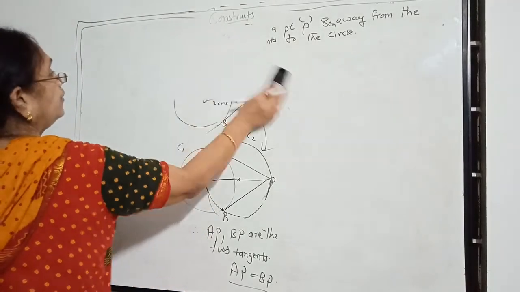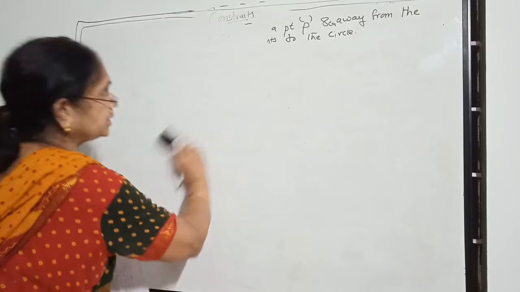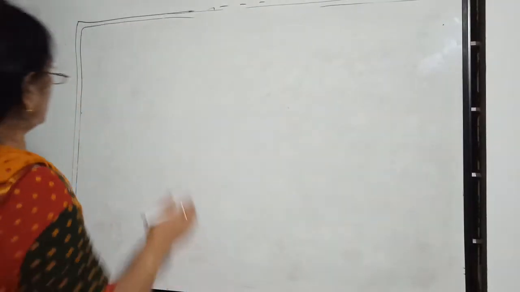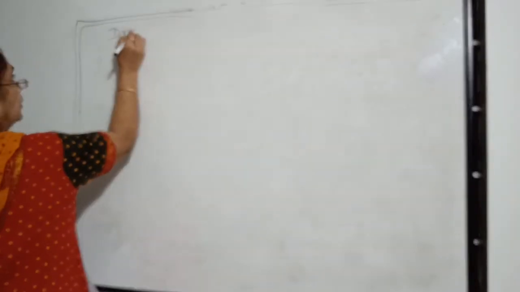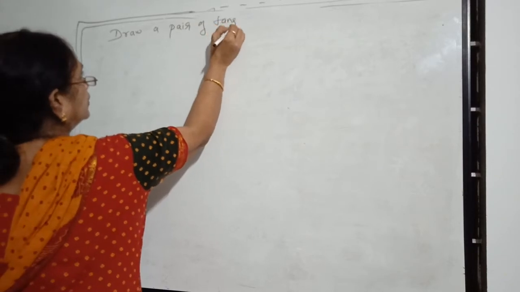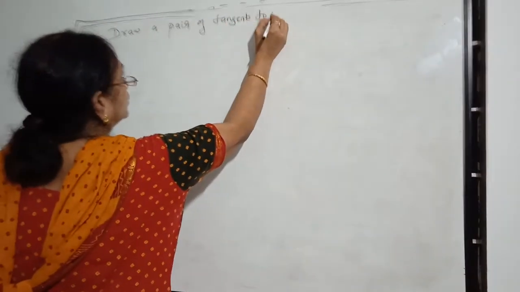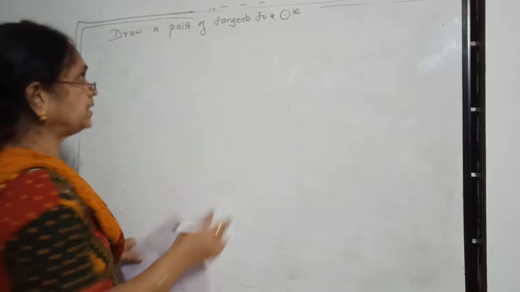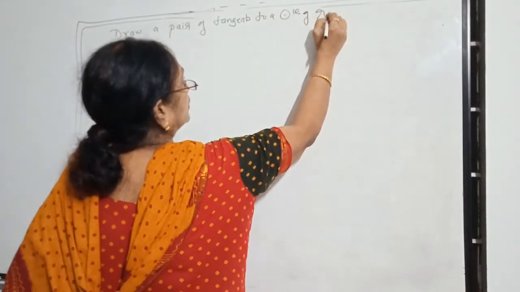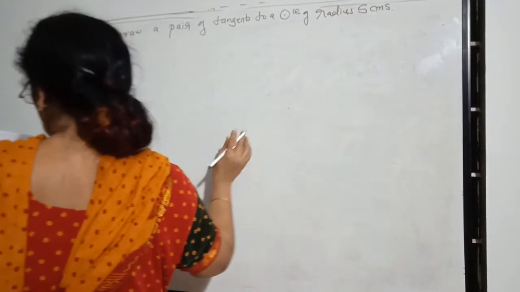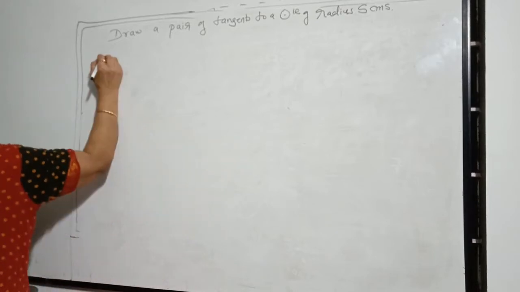Next most likely question, every year, many times it is asked. You need a little bit of the properties that you have learned in 8th and 9th. Draw a pair of tangents to a circle of radius 5 centimeters, which are inclined to each other.